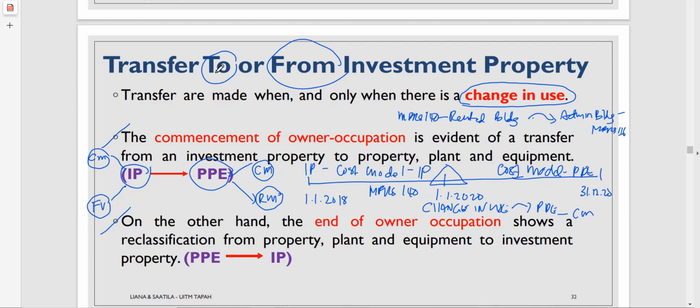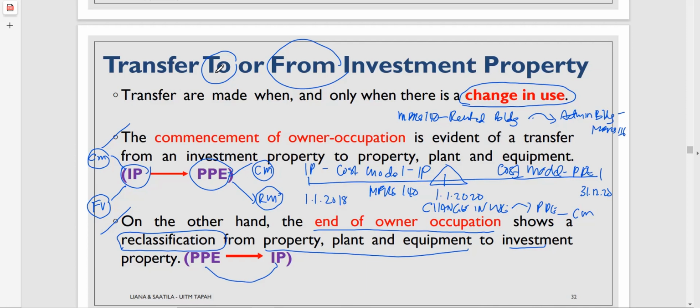On the other hand, you may also have a case at the end of owner occupation where you have a reclassification, or a transfer in terms of the asset being relocated from property, plant and equipment to investment property. The same case here.